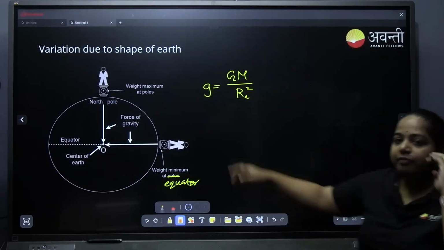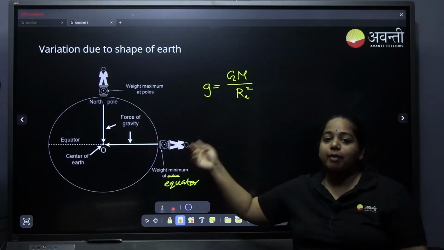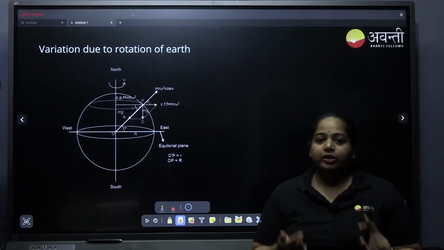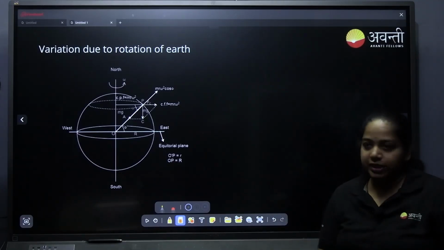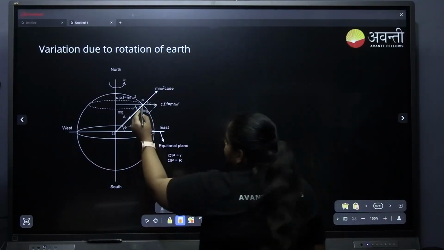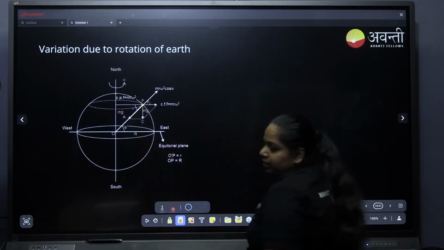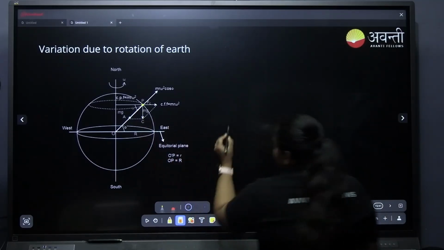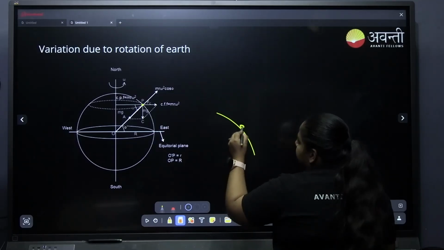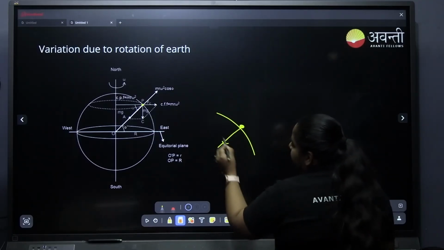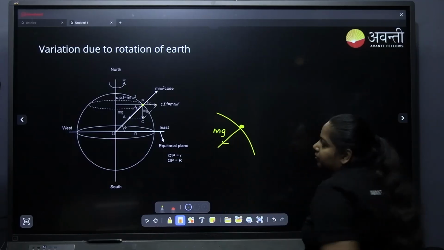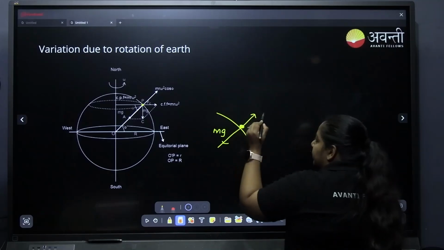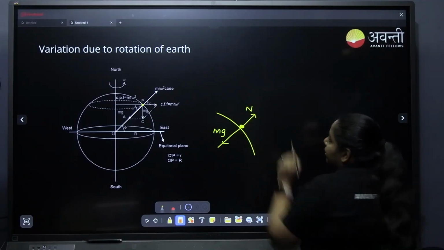So here weight is minimum at the equator and maximum at the poles. Along with that, due to rotation of earth, there will be variation in g. If you take any point on the surface of earth, towards the center you have mg acting, and outwards, perpendicularly up, you have the normal force also.